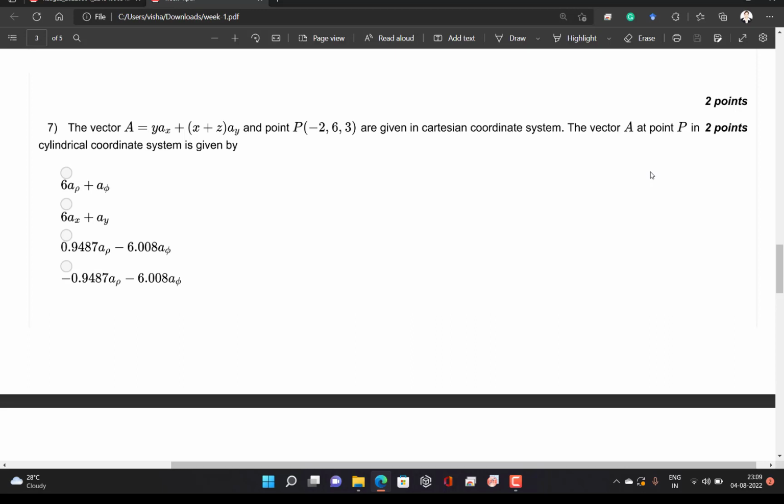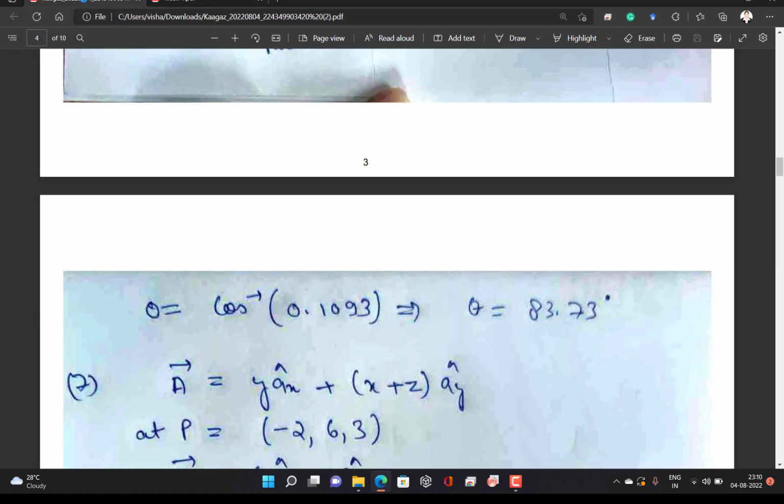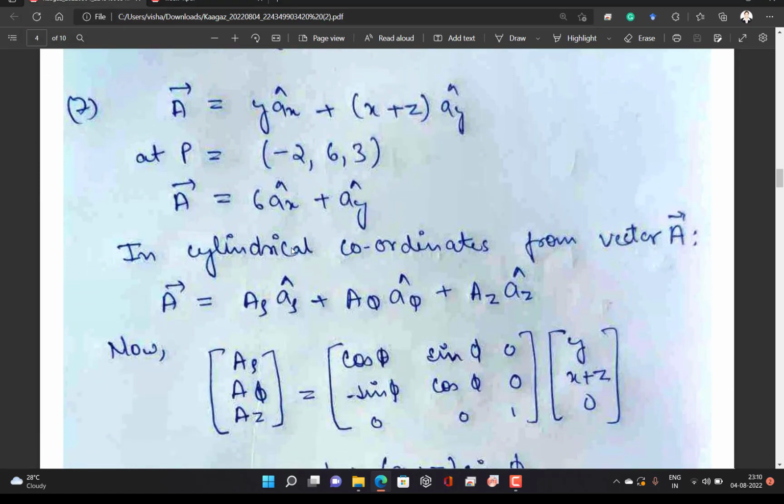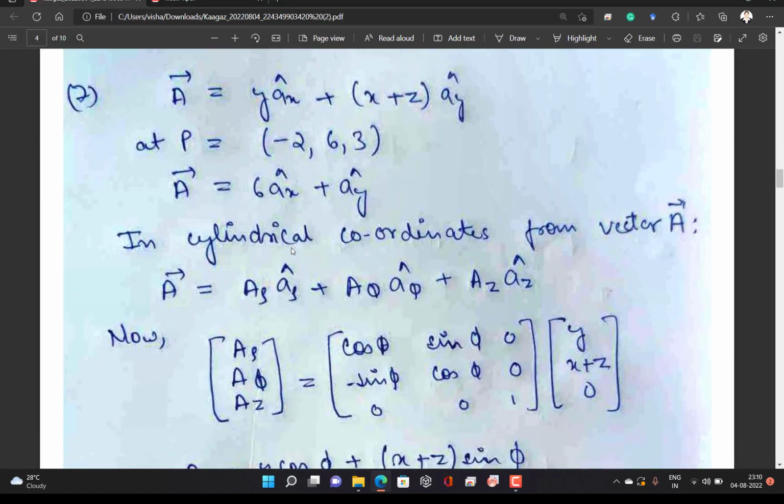Okay. So this is the question. If you know how to convert Cartesian coordinate system into cylindrical coordinate system, this question won't be very tough for you. So here vector A is given as A is equal to yax plus (x plus z) ay at point P equal to (-2, 6, 3).